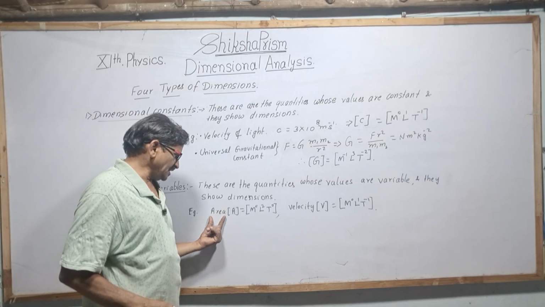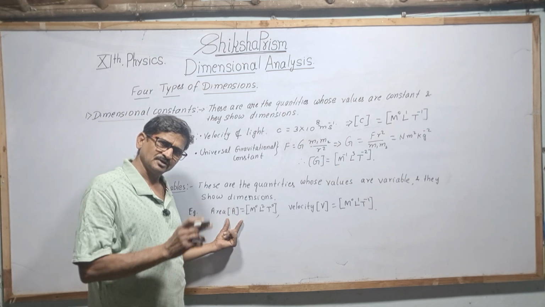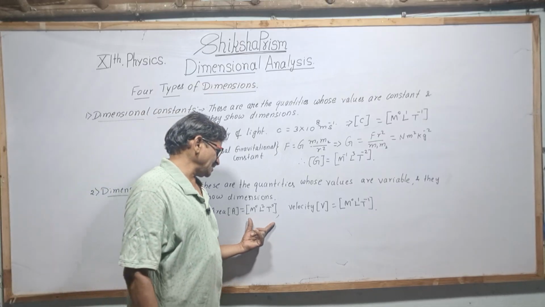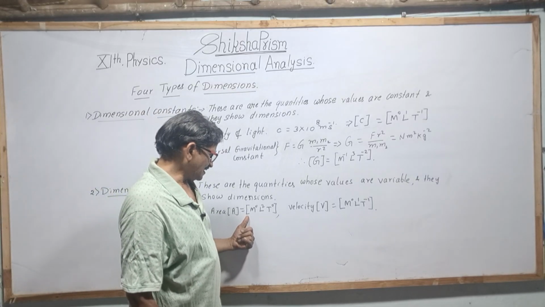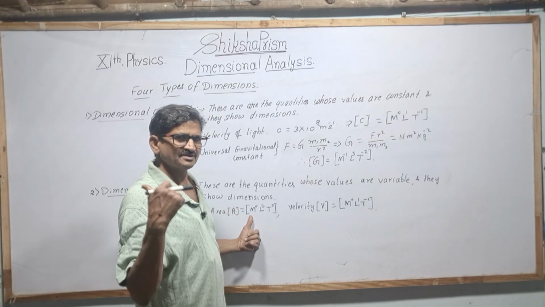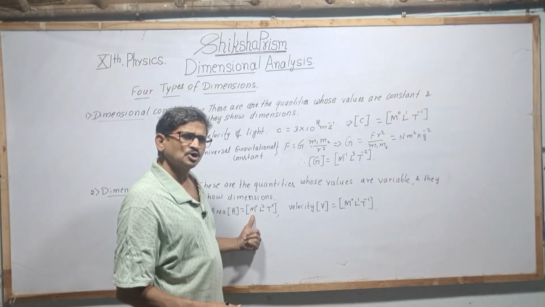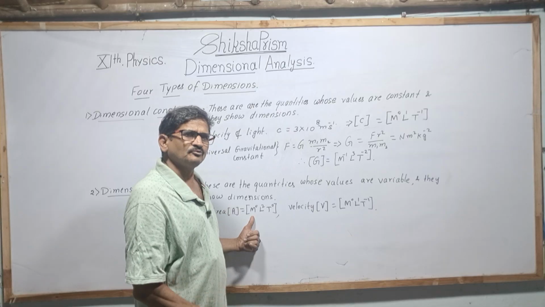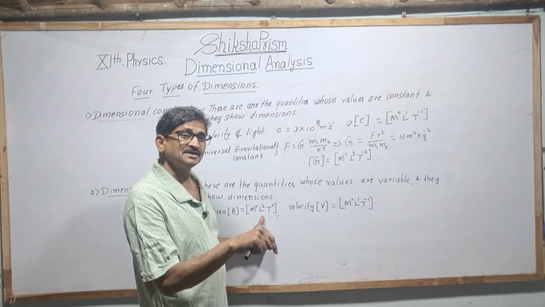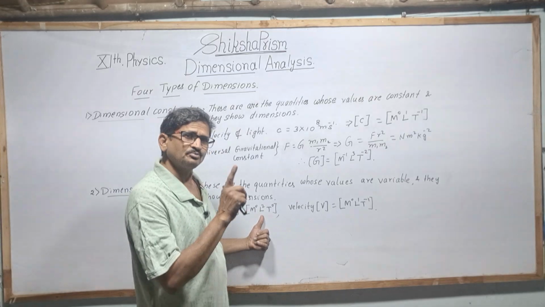So here area, I take area, writing in dimension form in square bracket A. Mass is not there; in the previous topic I showed you how to write area. So write m to the power 0, and the unit is square centimeter, square meter, square kilometer, so write L to the power 2.